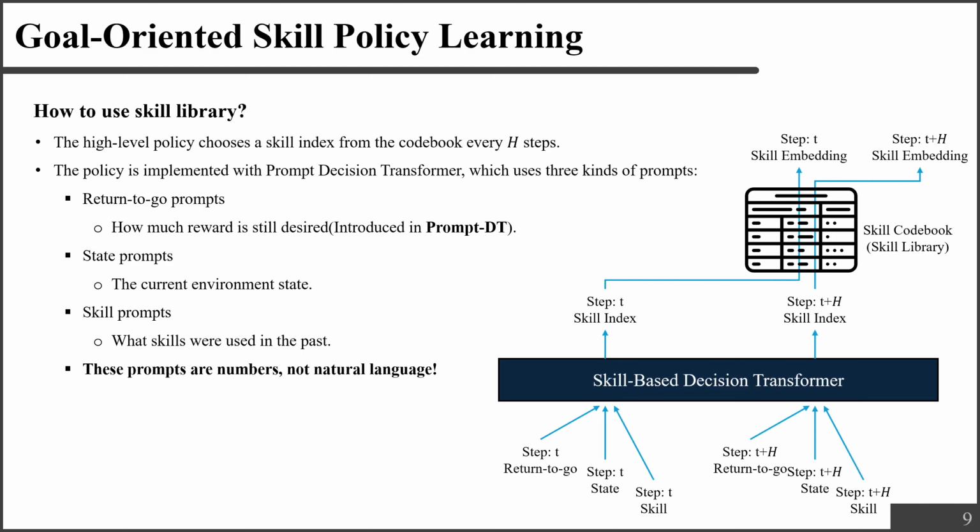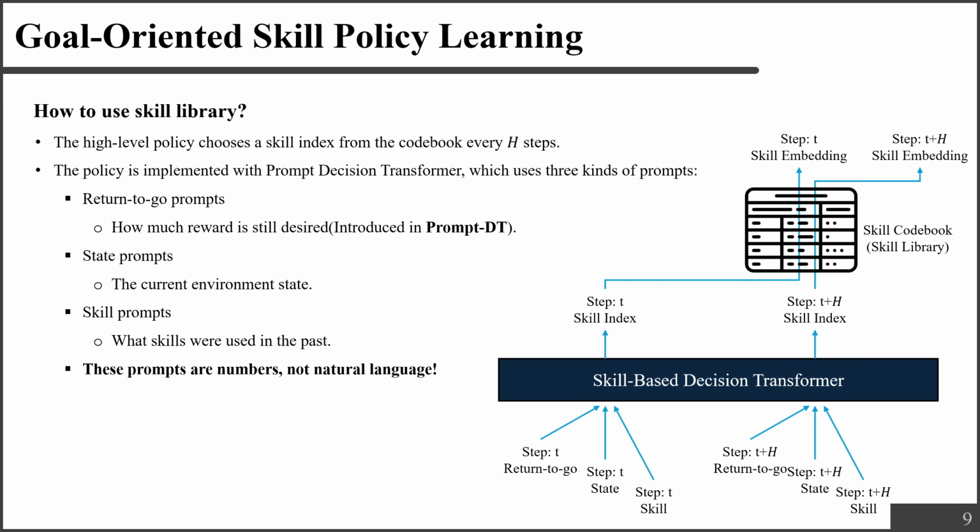Now that we have a skill library, the question is, how does the agent know which skill to use for a given state? This is where goal-oriented skill policy learning comes in. Instead of choosing raw actions, the high-level policy chooses a skill index from the codebook every 8 steps. The policy is implemented with a prompt decision transformer, which uses three kinds of prompts: return-to-go prompts, state prompts, and skill prompts.